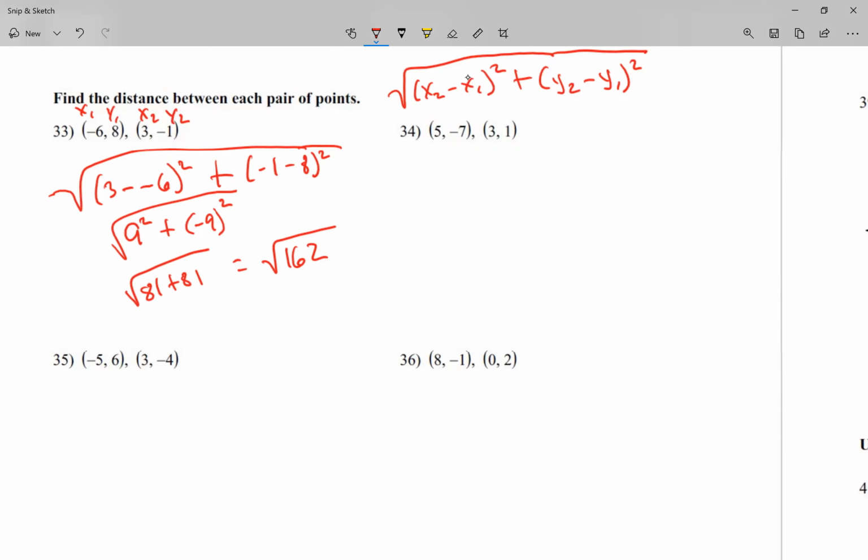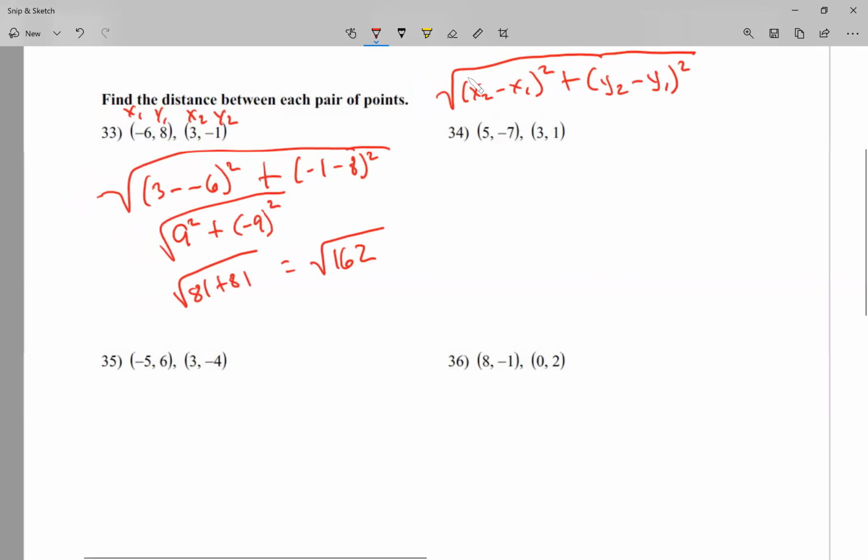What I'm going to do, I'm like, all right, I think I can divide it. I remember my perfect squares: 4, 9, 16, 25, 36, 49, and more. Make sure you guys remember your perfect squares. And then I'm like, 162, how do I simplify this?